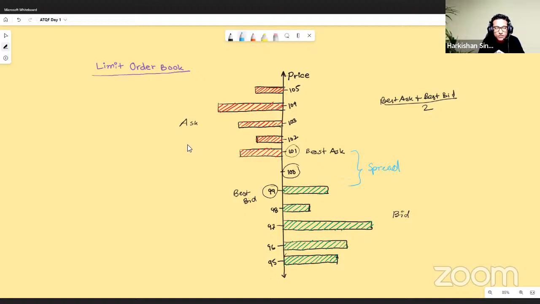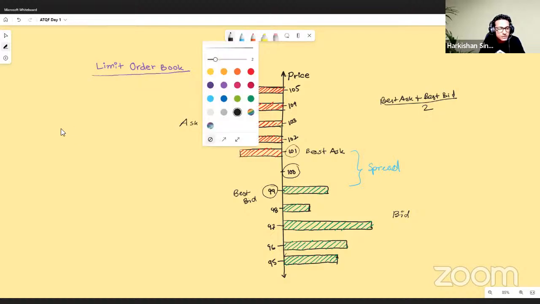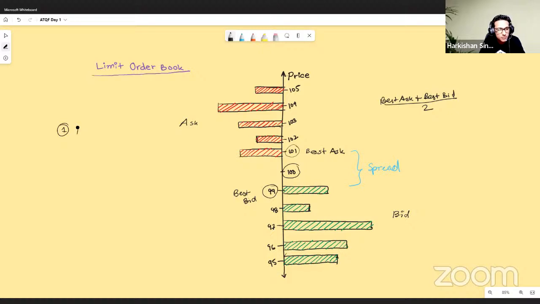Okay, now let me explain how order matching works. Suppose there is person one who wants to buy 100 shares. Let me give some hypothetical values here: 80, 40.